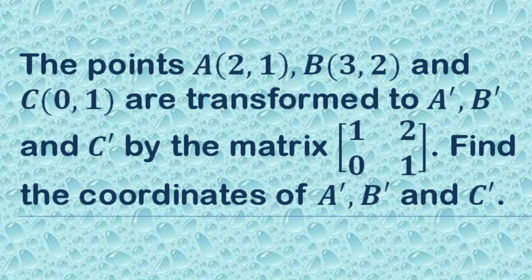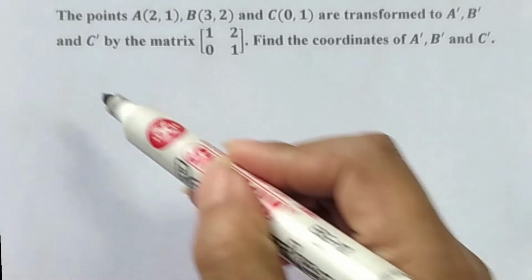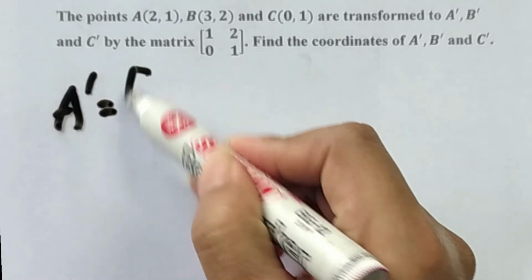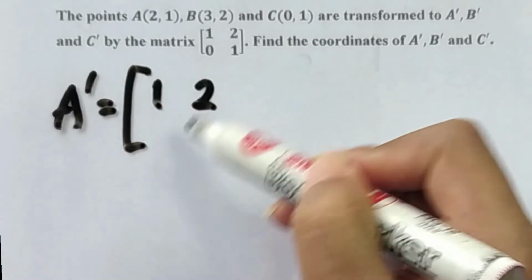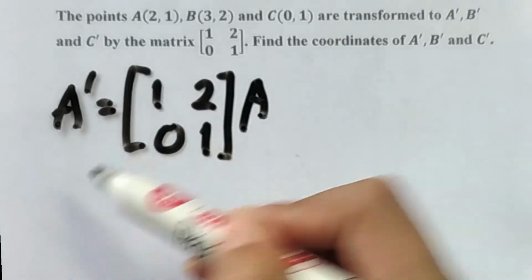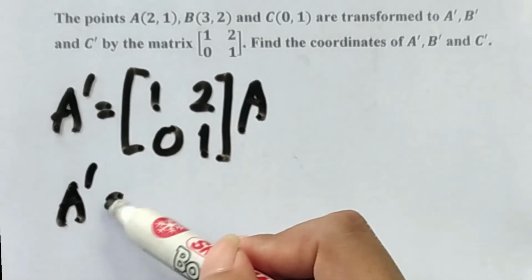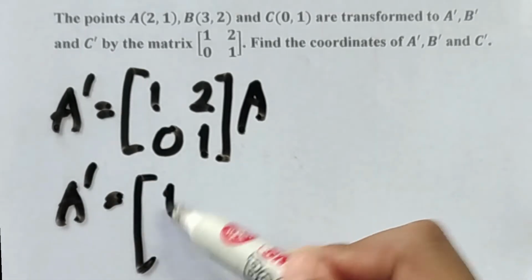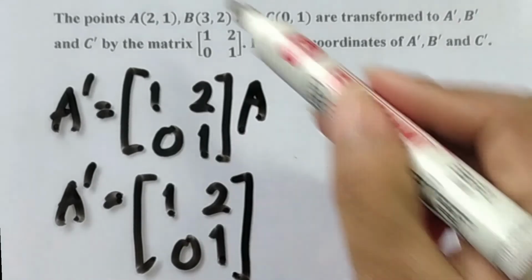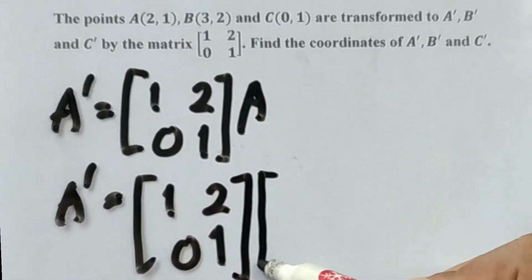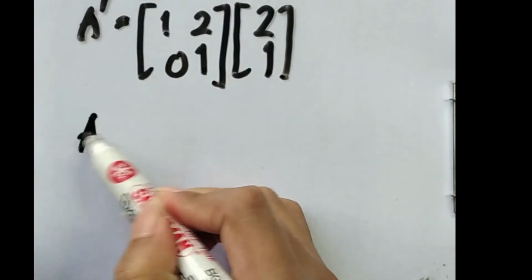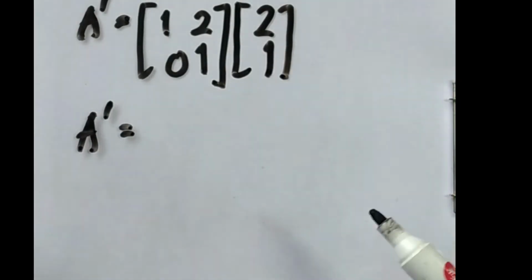Find the coordinates of A accent, B accent, and C accent. As we have discussed, A accent equals the transformation matrix 1, 2, 0, 1 multiplied by matrix A. Make it as a matrix 2, 1. Remember, multiplication of matrices is row times column.